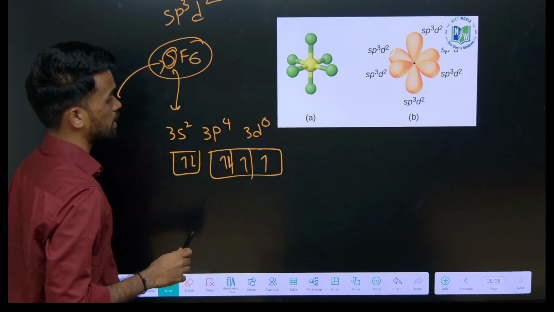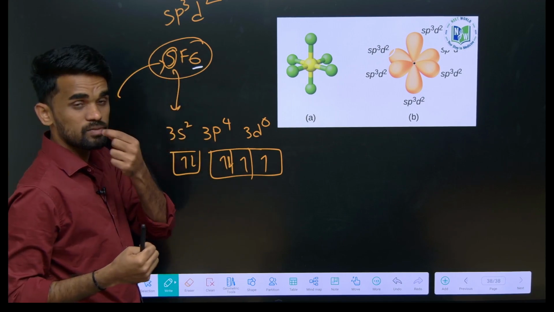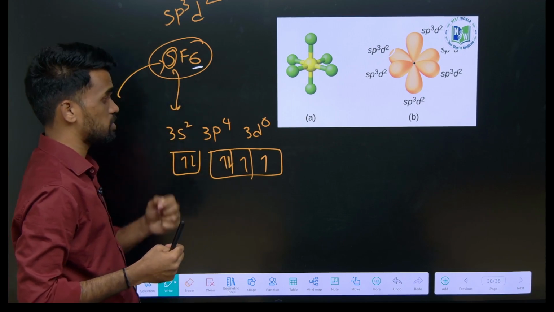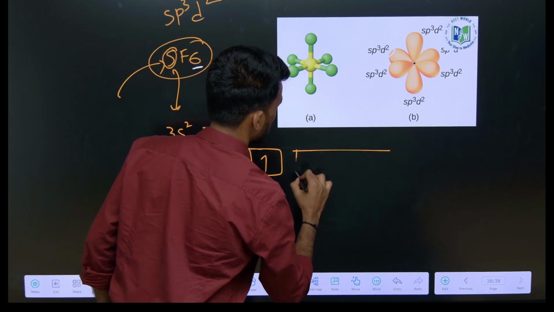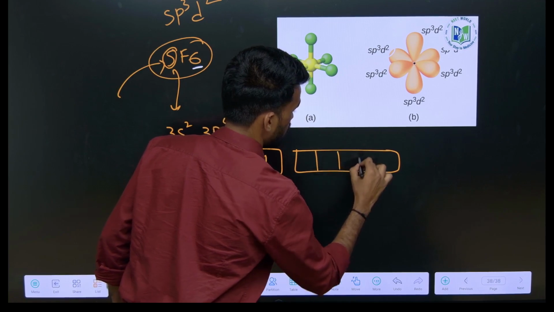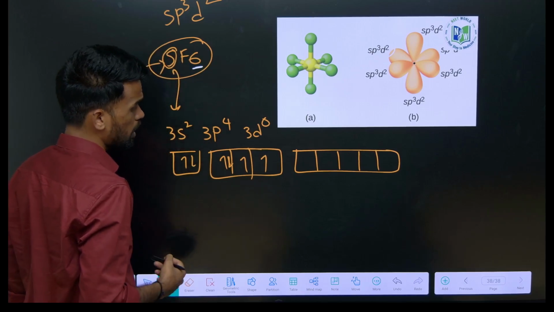And next we have 3d0. Why am I taking 3d0? Because we require 6 bonds, as 6 monovalent fluorine atoms are there. Therefore 6 bonds are required. So in order to form 6 bonds, we have to make 6 available hybrid orbitals.